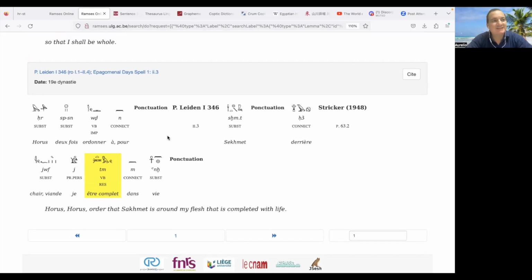Isn't tem also something that lives on somewhere in Arabic? Is it to do with perfect? I've just got some vague memory. So perfection, complete.